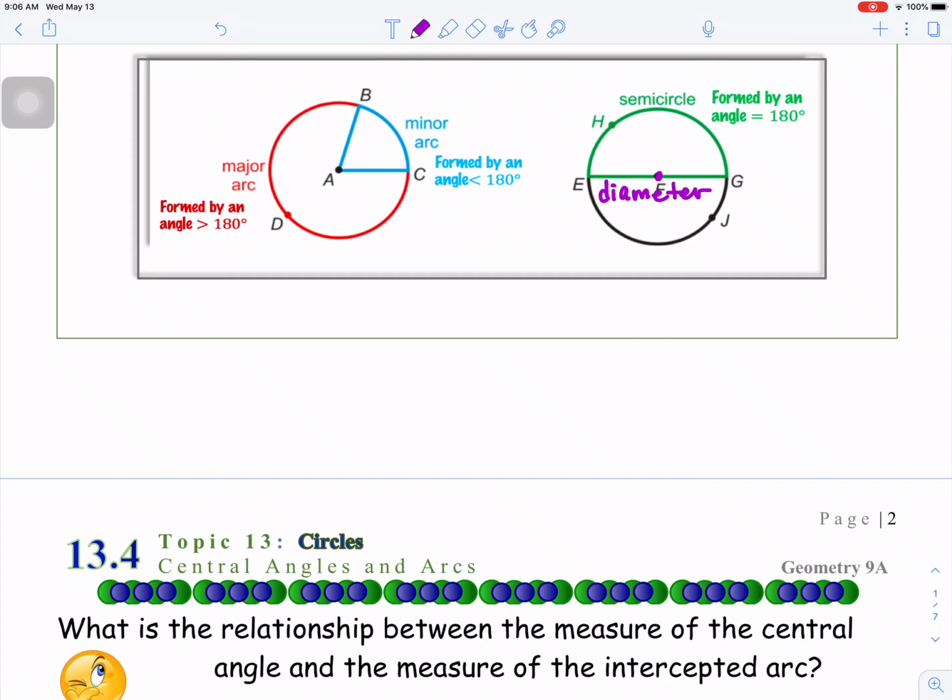So its measure of the angle is 180 degrees, right? The angle there is 180 degrees because it's a straight line. Here it's not 180 degrees because it's not a straight line. ABC is not a line. It's cutting the circle in half, giving you 180 degrees on this side and 180 degrees on this side, which totals to your 360.